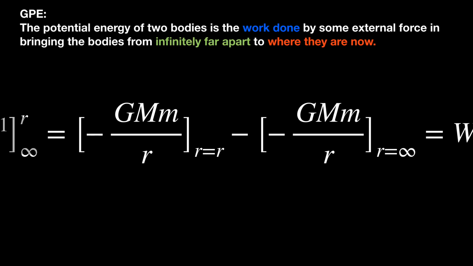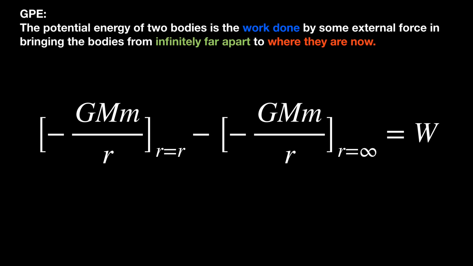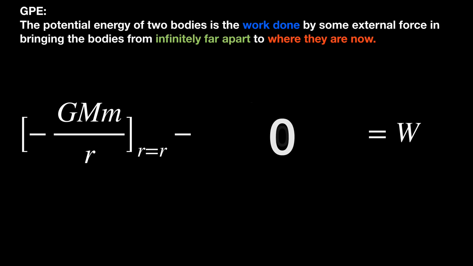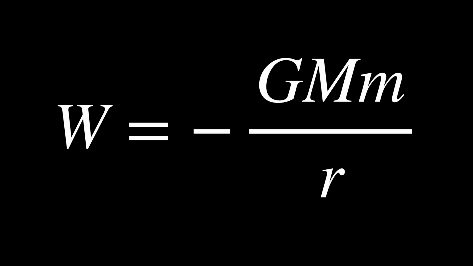This is just equal to negative big G big M times little m over r evaluated at r, subtracted from negative big G big M little m over r evaluated at r equals infinity. When r tends to infinity, this expression tends to 0, so we're left with the equation for work being negative big G big M little m over r. As this was the work done by our external agent, we know that this is equivalent to the gravitational potential energy of our bodies.